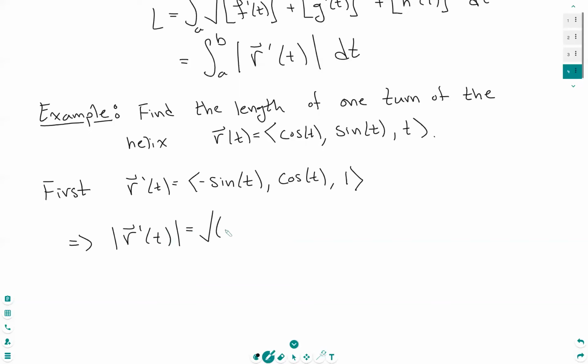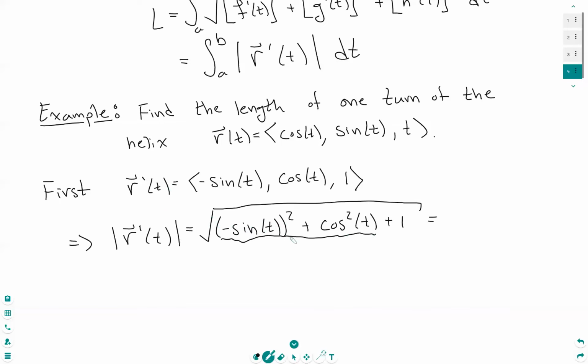It's the square root of negative sine of t squared plus cosine squared of t plus 1. Well, this negative sine squared is simply a sine squared. The negative goes away. And then I have a sine squared plus a cosine squared, which is equal to 1. So this just looks like the square root of 2.